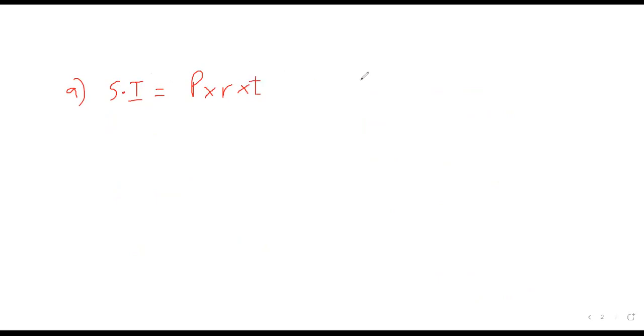Okay, and the compound interest is simply the difference between our future value minus our present value. Future value is simply the money we expect to earn in future. Present value is the money that we have now.